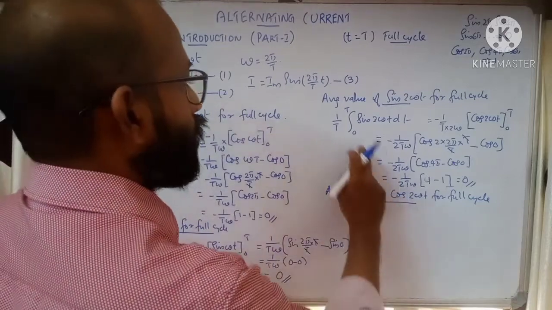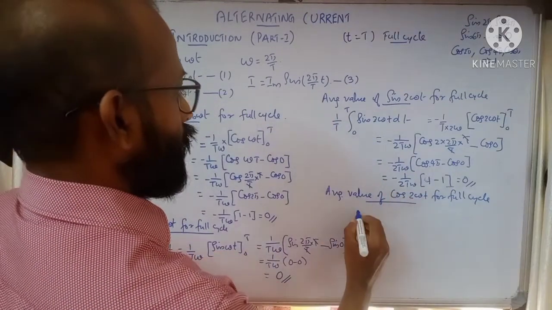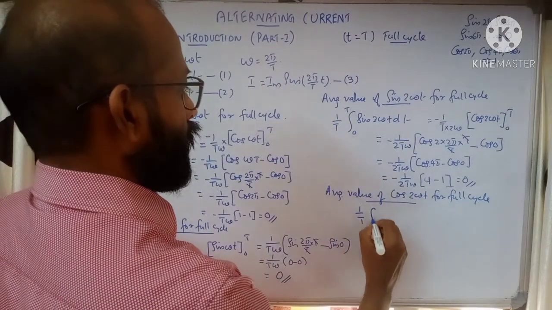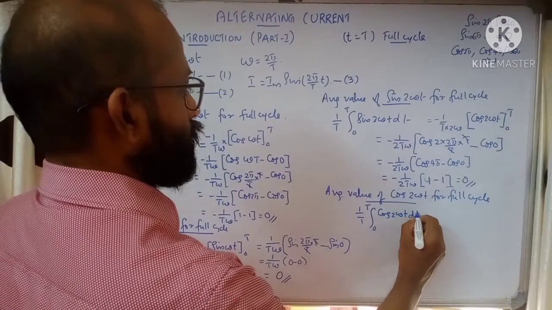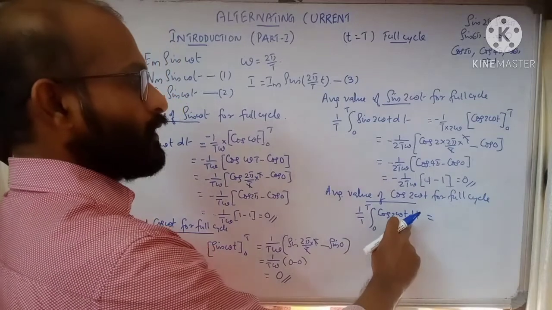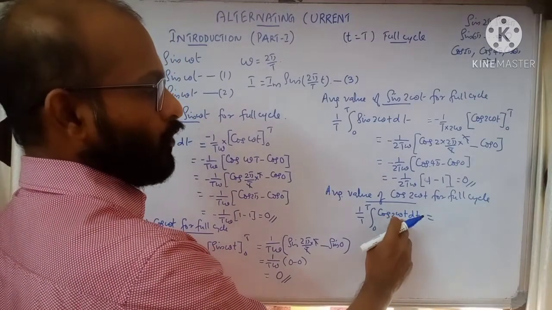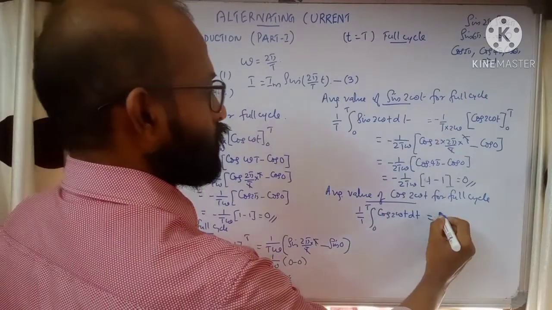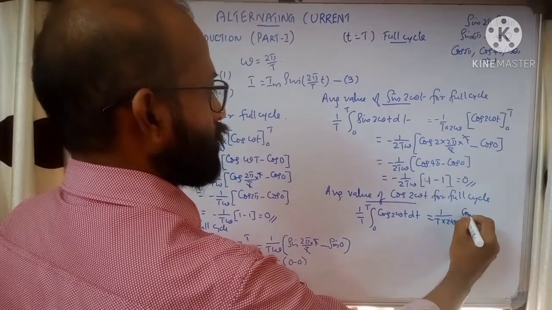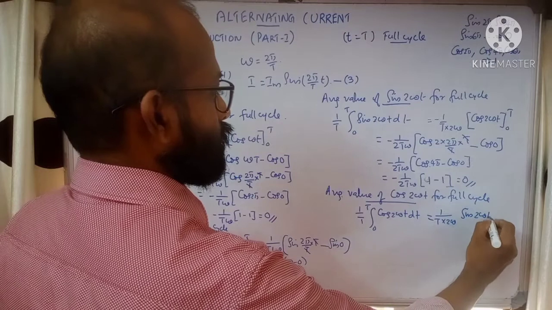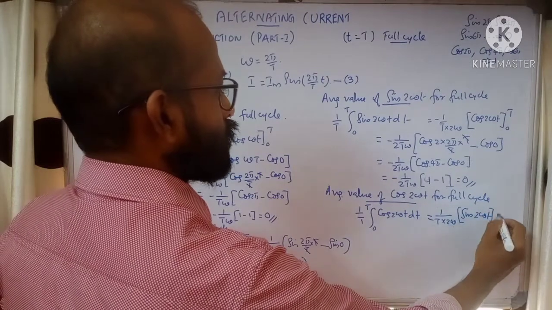For cos 2 omega t, it will be 1 by T integral 0 to T cos 2 omega t dt. We know that the integral of cos is sine 2 omega t, but we divide by 2 omega as we have seen here. So 1 by 2 omega T, then sine 2 omega t, with the limit 0 to T.